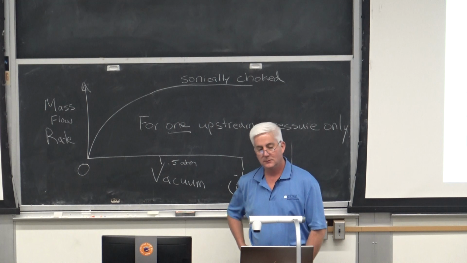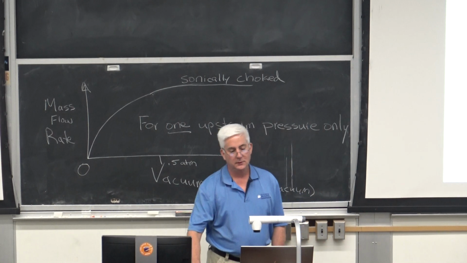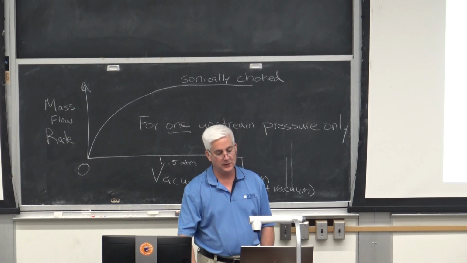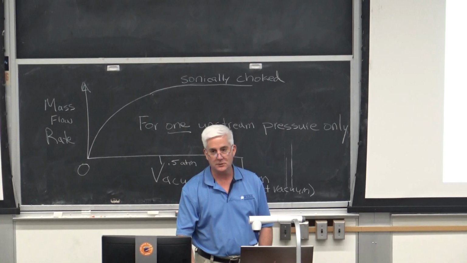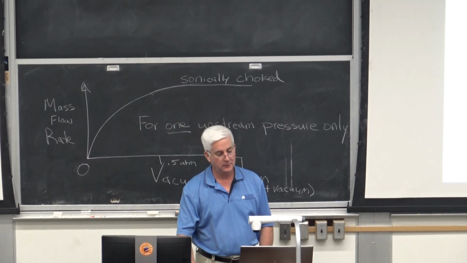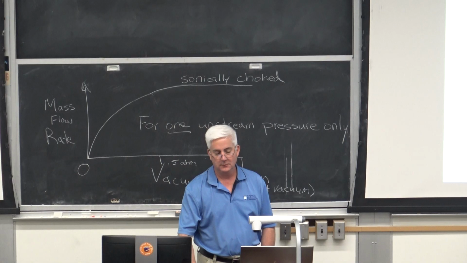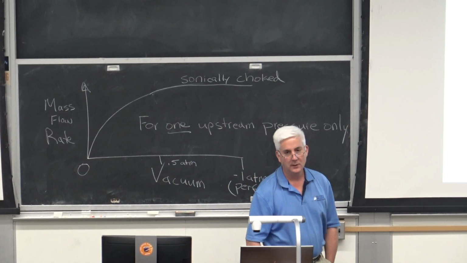Now, notice, k is a constant. Okay, that's the ratio of the constant pressure specific heat divided by the constant volume specific heat. R is the ideal gas constant. Both of those are constants. The only thing that's changing is T, temperature.